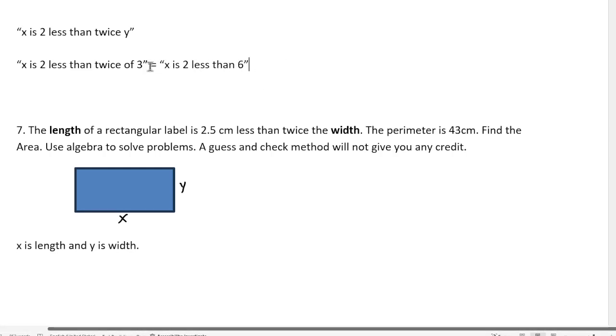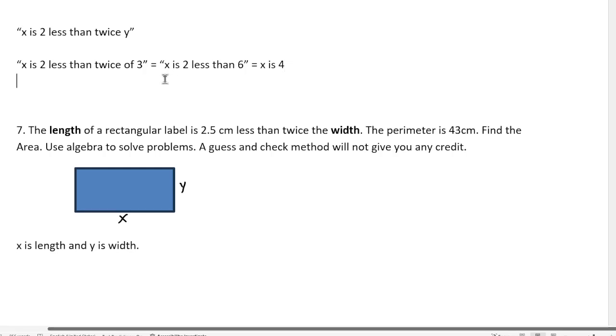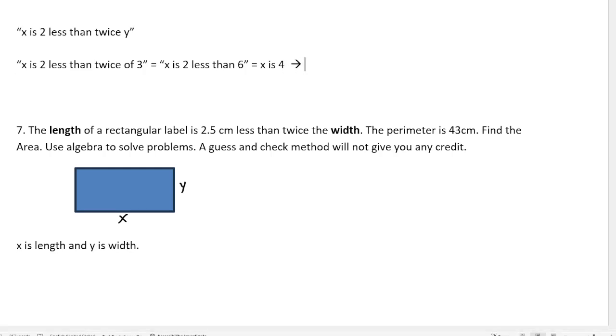And what is 2 less than 6? That's 4. X is 4. Okay. So what we just observed is that if y is 3, x is 4.